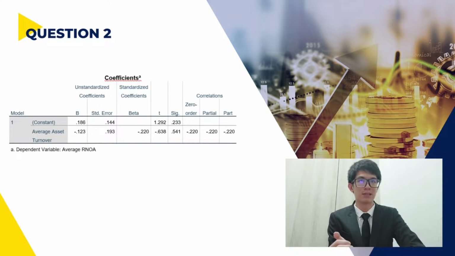This shows that the dependent variable will fall by a total of negative 0.123 for every unit change in the average asset turnover. With this, we can conclude that the average asset turnover has a negative relationship with the average RNOA. In addition, if there is a change of one standard deviation in average asset turnover, the average RNOA will be influenced to drop by a total of negative 0.220.